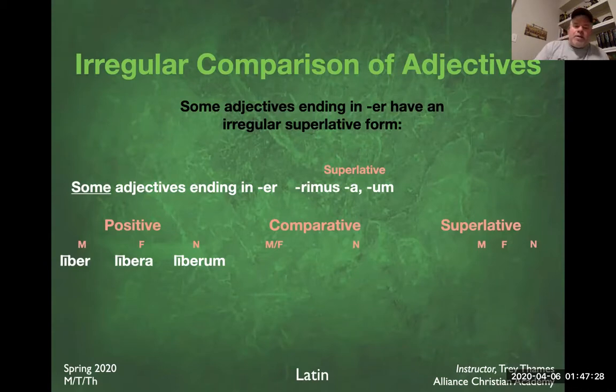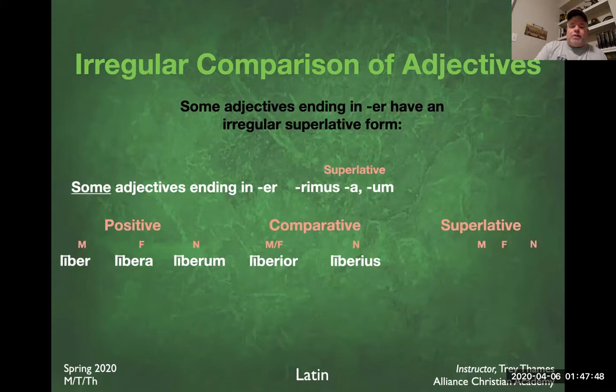And if you wanted to compare it, somebody is freer than somebody else, you would take that stem, L-I-B-E-R, and then you would add -ior or -ius in the neuter. So here's liberior, liberius. Now this is where the difference comes in.